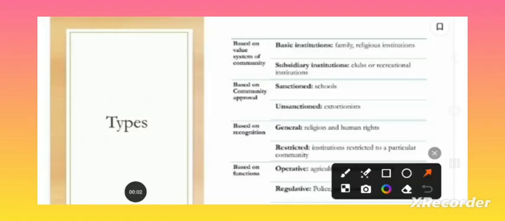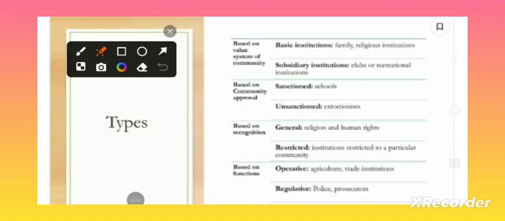Social institutions. Types. Basis of classification: based on general use. Type of institution: basic institutions. Example: family, religious institutions.